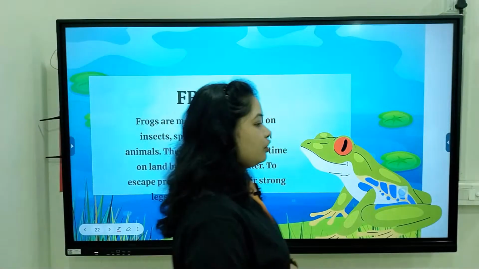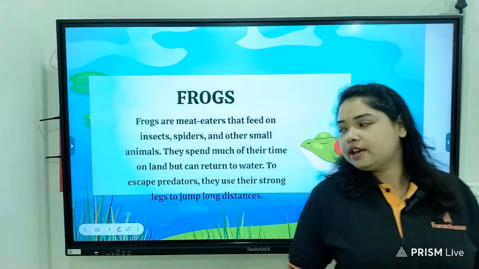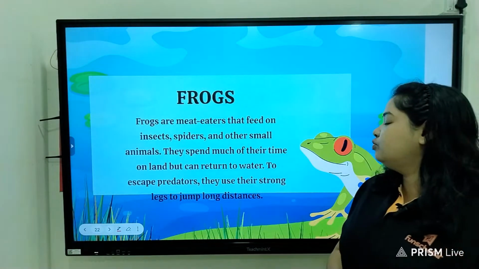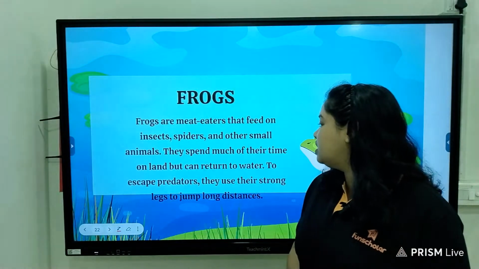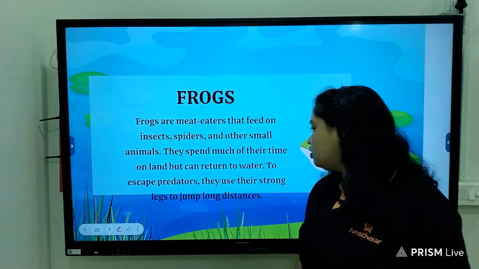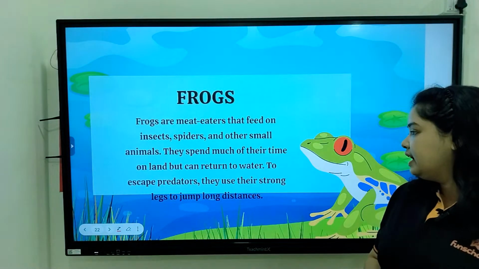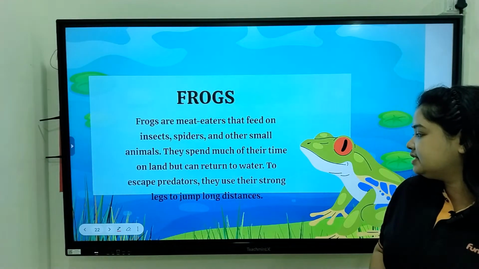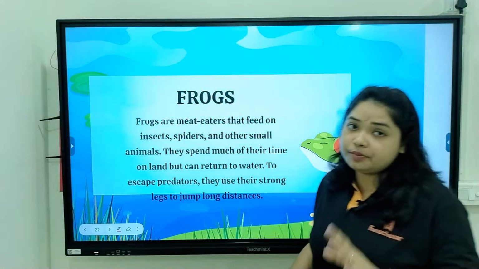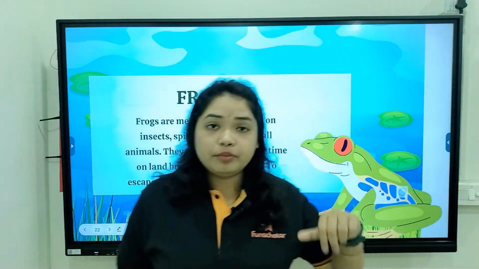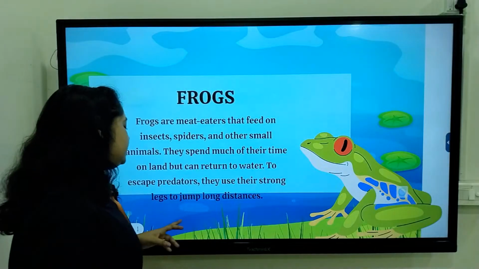So we can say frogs are carnivorous animals, and they are also amphibians who spend much of their time on land but can also return to water. They escape predators by using their strong hind legs, the legs present behind, to jump off and escape.